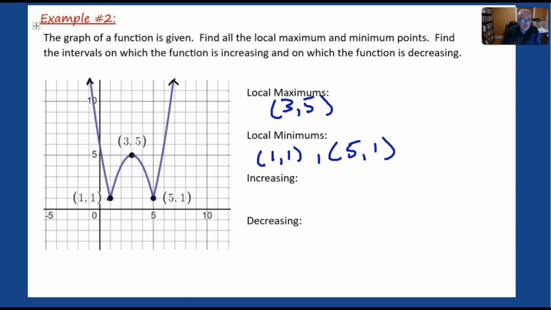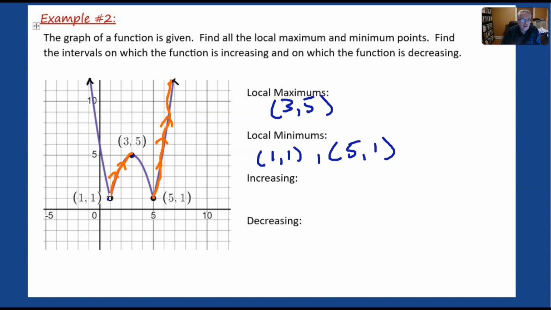Where is it increasing? Well, the function is increasing right here, and it's increasing right here. It's decreasing in these other two parts. All right, so here and here, it's increasing. It's going up, up, up.